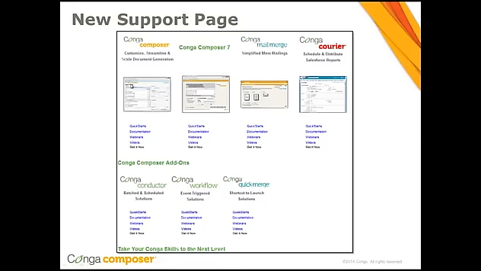There is a little reminder here. You can see the different user interfaces: 8 on the left has that cleaner UI, which you'll see larger in just a moment when we go through this live. Conga Composer 7 has a more orange and gray interface. And then it goes through MailMerge, our other app Courier, and our Conga Composer add-ons.